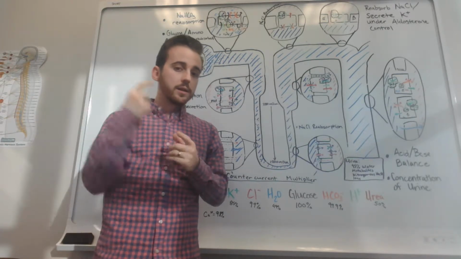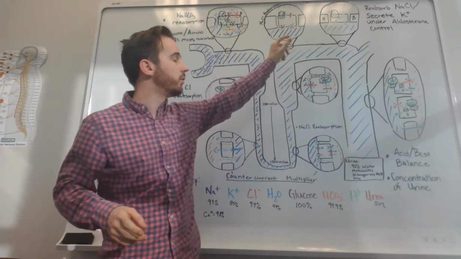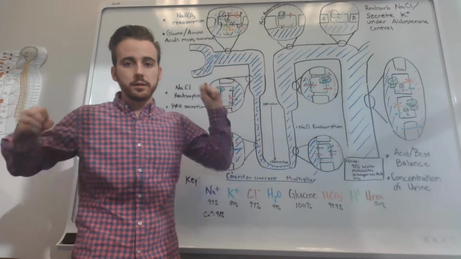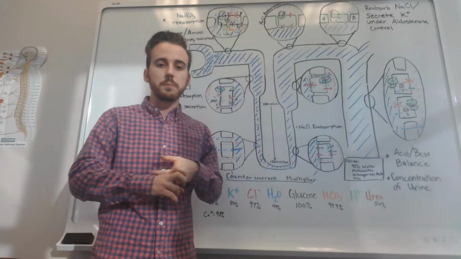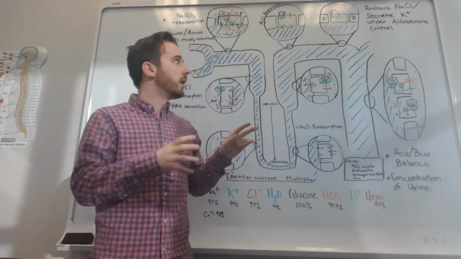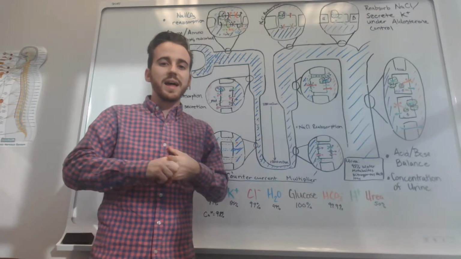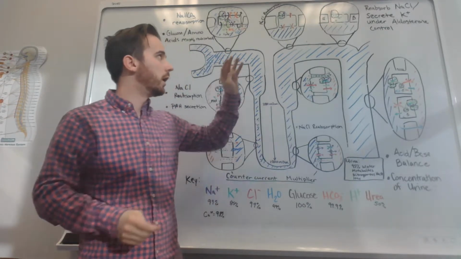But unlike the other cells here, we talked a lot about them being primarily driven by the force created by the sodium-potassium pump and ATP there. In this case, the sodium-potassium pump is still the driver, but aldosterone is a big modulator. So what happens?